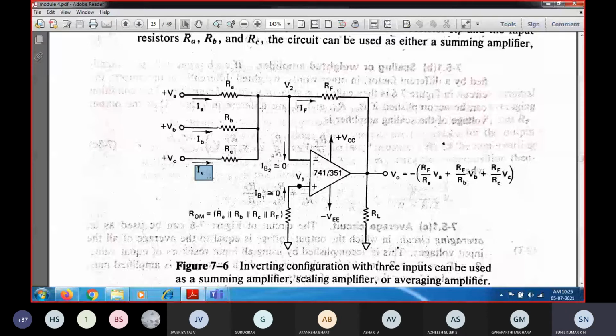Since the non-inverting terminal is held at ground potential, the current IF will be minus V naught divided by RL.